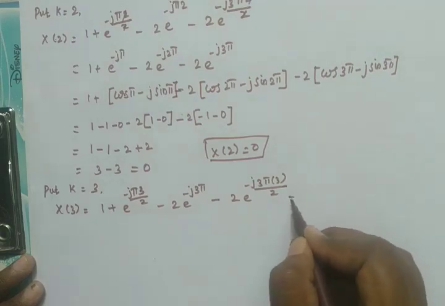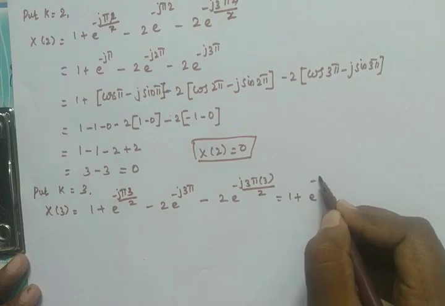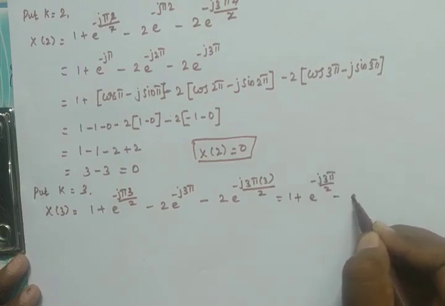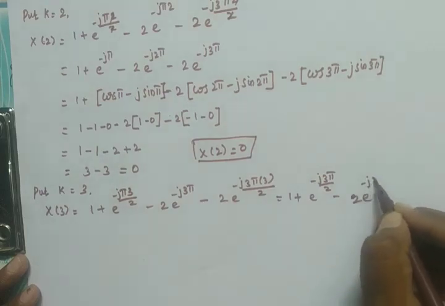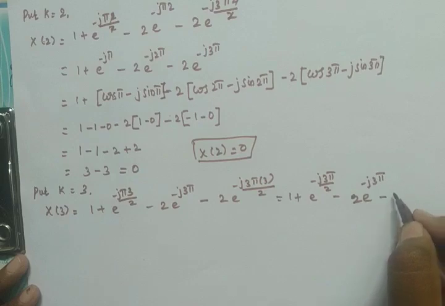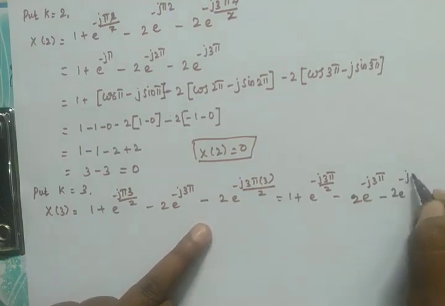Therefore, which is equal to 1 plus e power minus j 3 pi by 2 minus 2 e power minus j 3 pi minus 2 e power minus j 9 pi by 2.